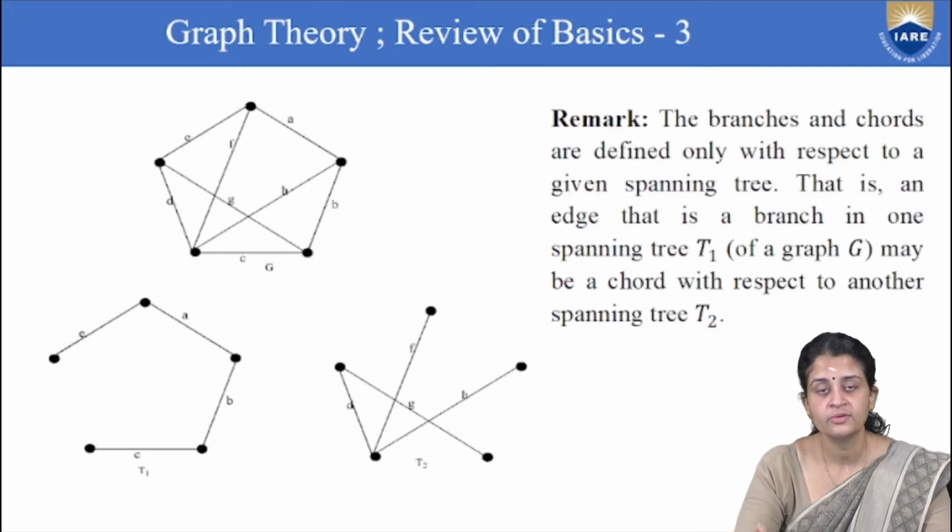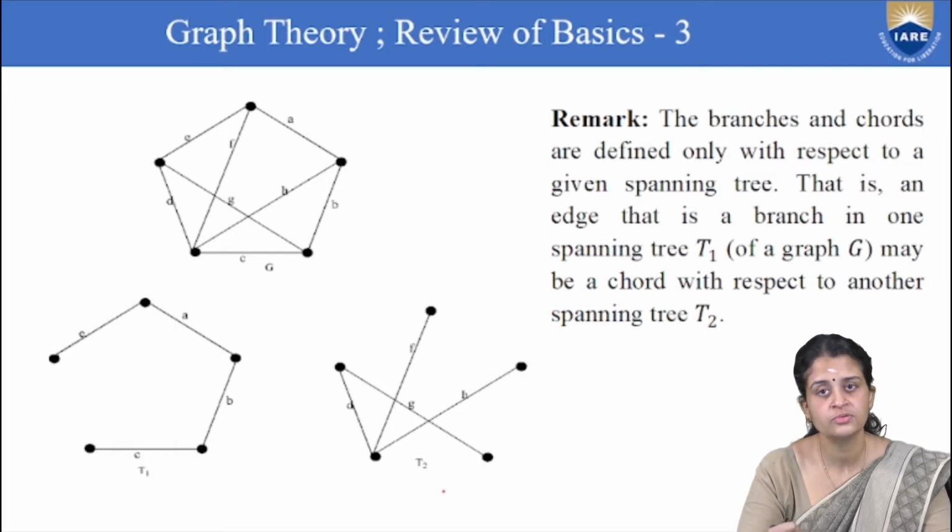The main thing to keep in mind is that branches and chords are defined with respect to particular trees. Consider this graph G with edges A, B, C, D, E, F, G, H, and we are considering this spanning tree of it. Here the edges are A, B, C, and E, so the branches are A, B, C, E. The others, D, F, G, H, are chords with respect to this spanning tree T1.